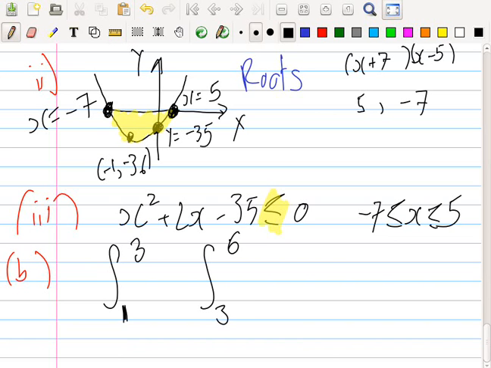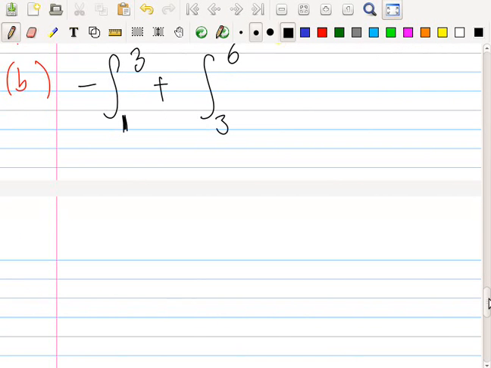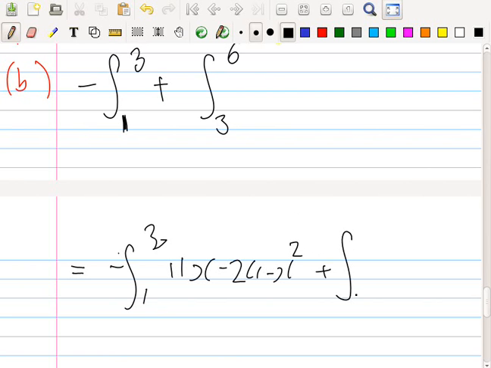One positive, one negative. So you need a negative here and a positive here. So this will actually equal 1 to 3, 11x minus 24 minus x squared, dx, but I won't bother to write that in, plus 3 to 6, the same thing, 11x minus 24 minus x squared.